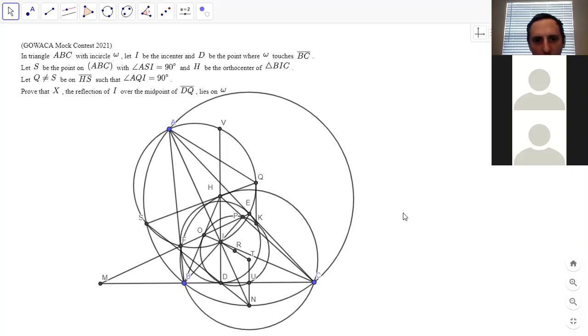So AQ is perpendicular to IQ, and we want to show DK is parallel. Yeah, it remains to show AQ is parallel to IT.